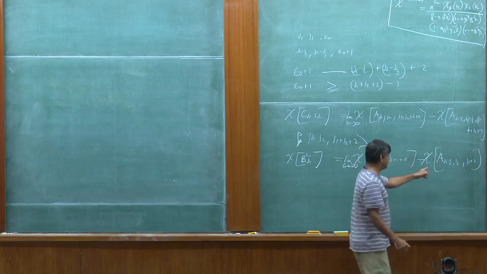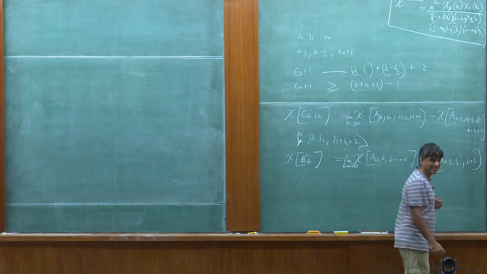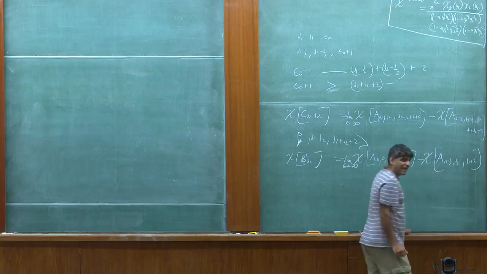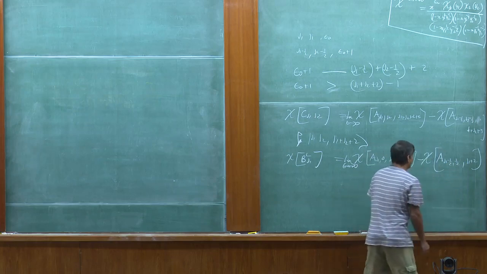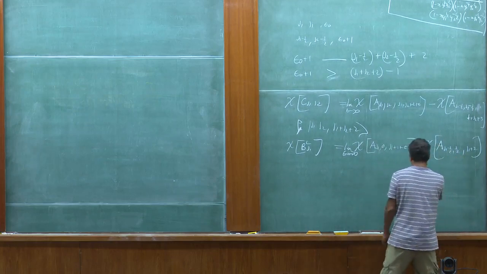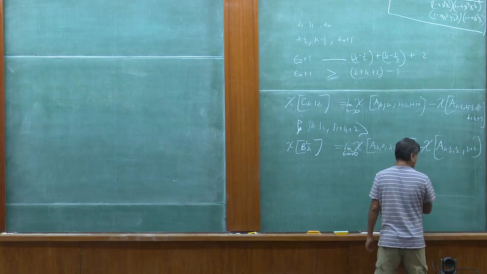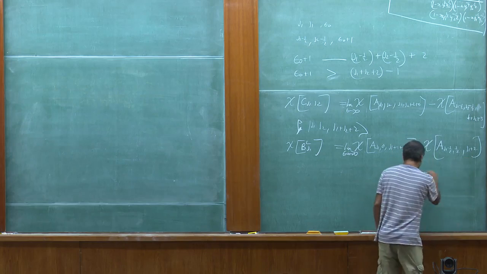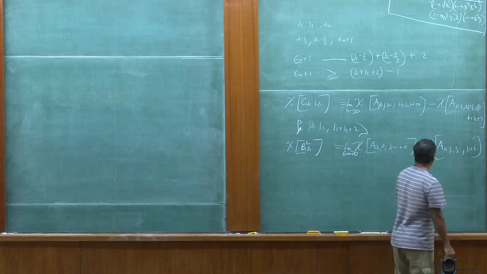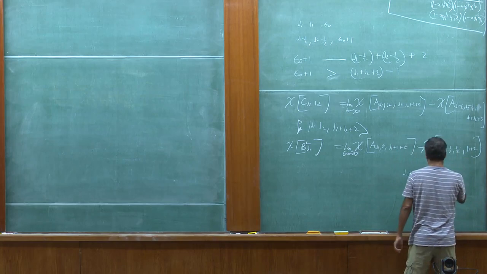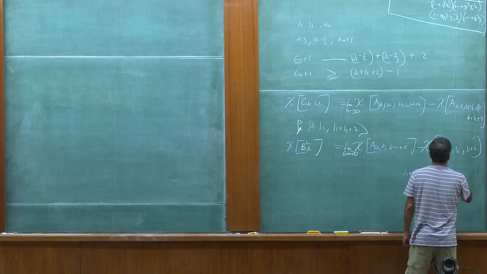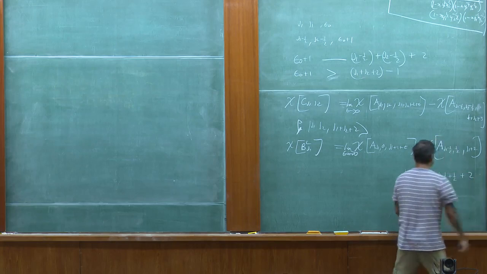For this statement to be consistent, we have to check that this is indeed a long representation. Okay, let's check. For it to be long, we need that J1 plus 2, that's the energy, has to be greater than J1 minus half plus half plus 2.